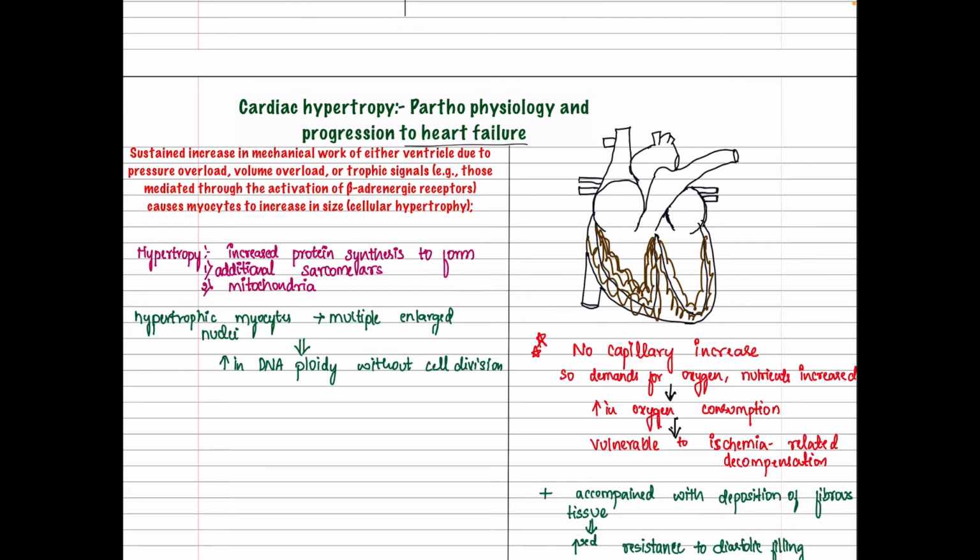When there is a sustained increase in mechanical work of the ventricle, maybe due to work overload or volume overload or beta adrenergic receptor activity, this causes myocytes to increase in size, that is cellular hypertrophy. What happens during hypertrophy is there will be increased protein synthesis for the formation of additional sarcomeres, that is actin and myosin for contraction, and there will be increased mitochondria production also.